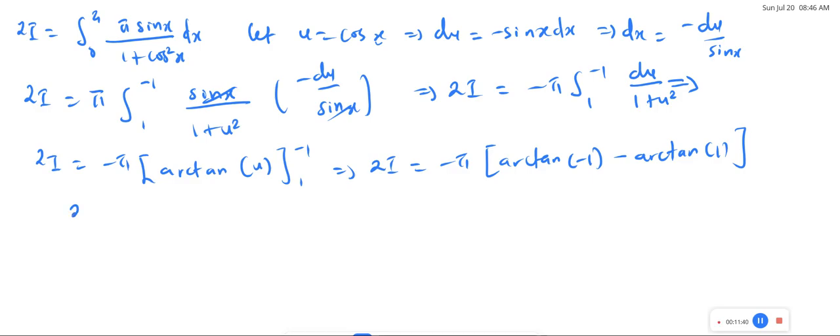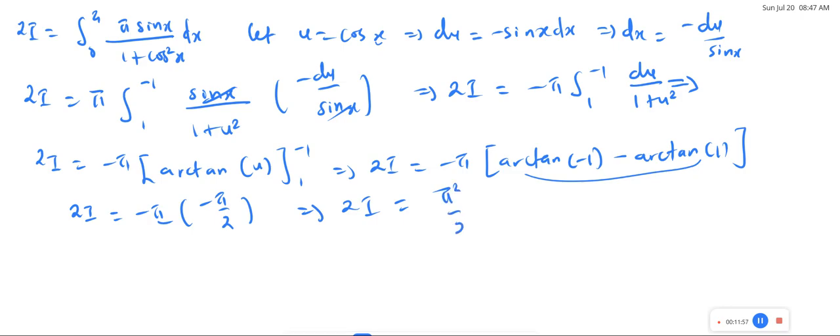Don't forget, arctan of -1 minus arctan of 1 gives us minus pi over 2. Now minus pi multiplied by minus pi over 2 gives us positive pi squared over 2. Then you divide both sides by 2, so we have I equals pi squared over 4.